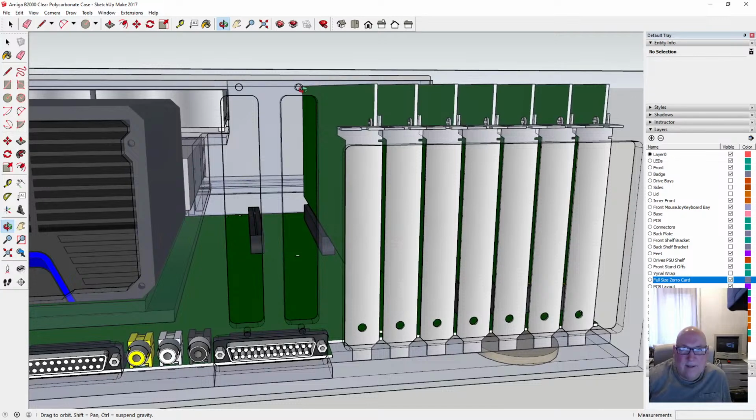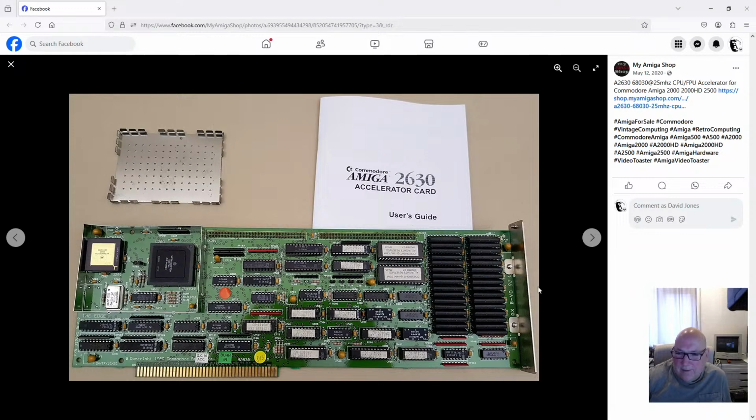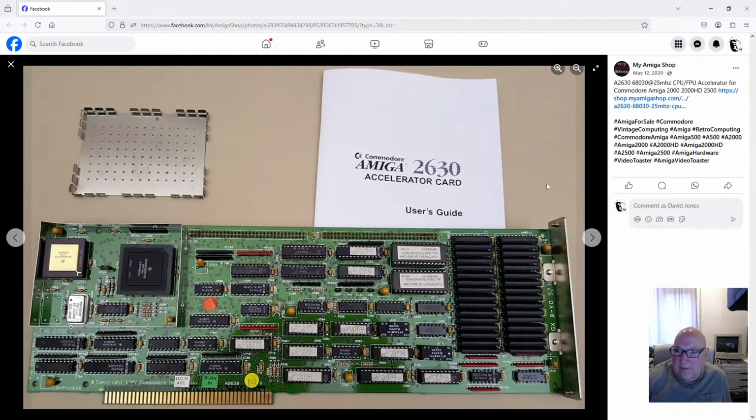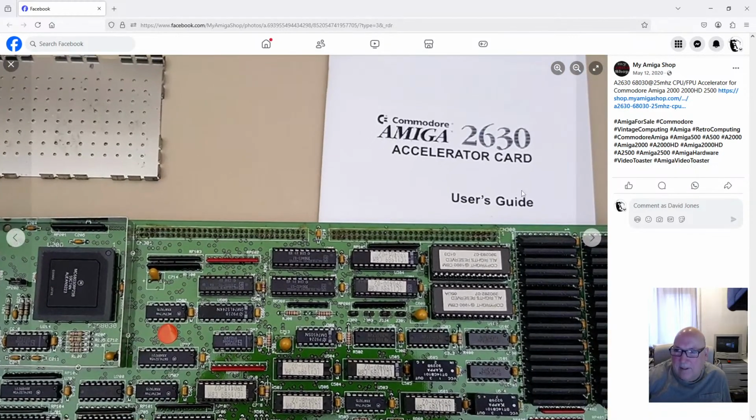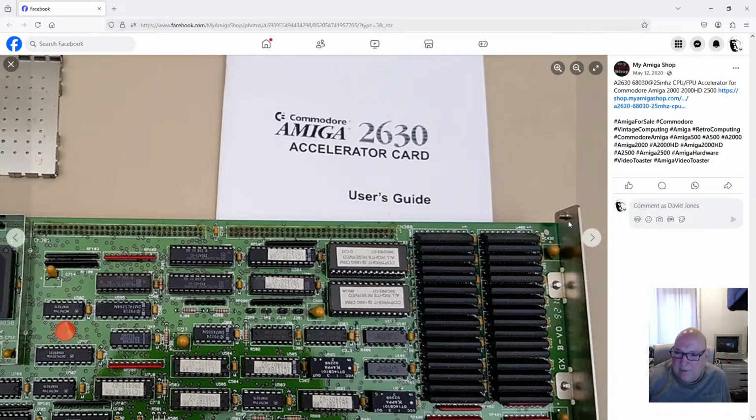So, if we go back to the picture again. Can't zoom. Oh, you can zoom in here. Yeah, zoom. Alright, so it looks like that fits in.